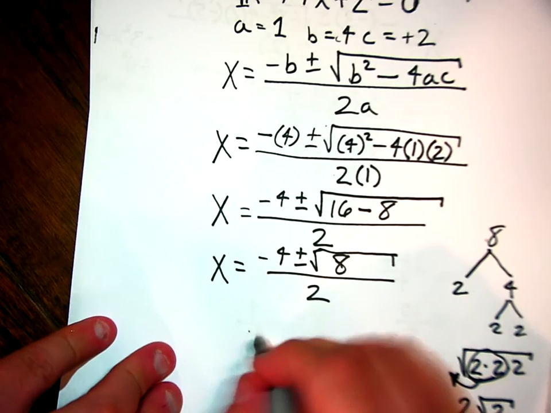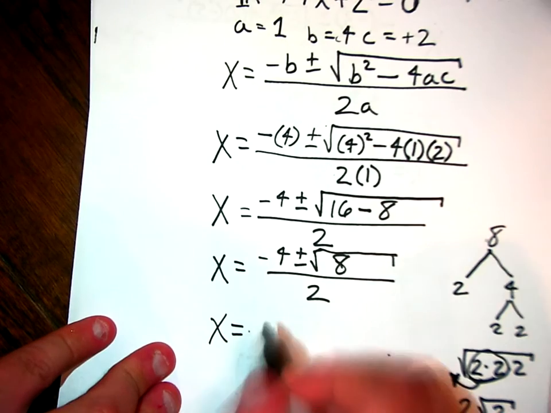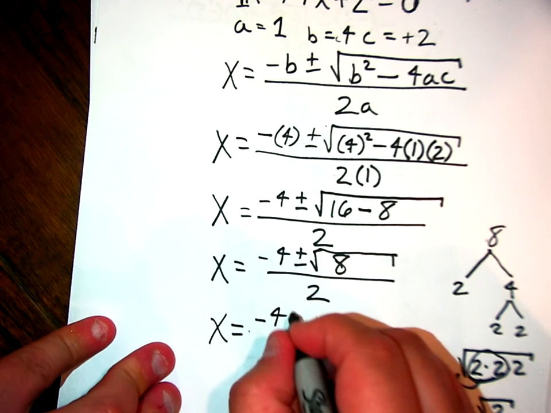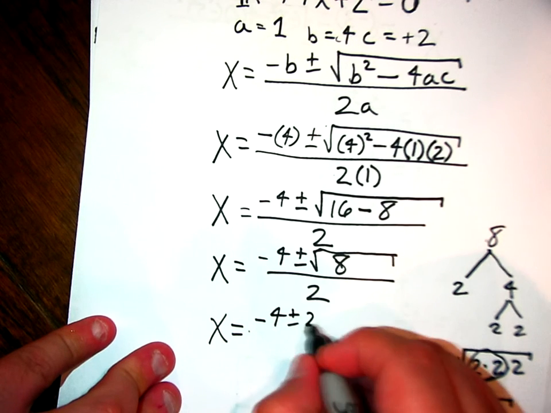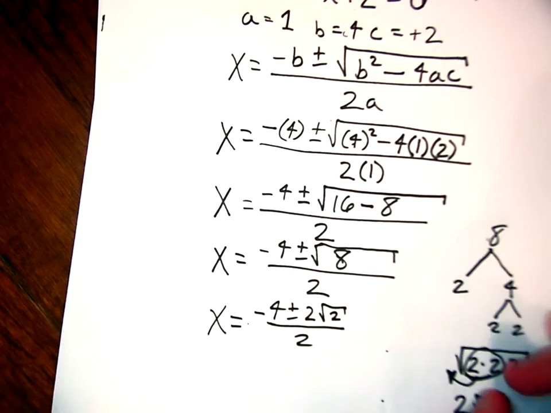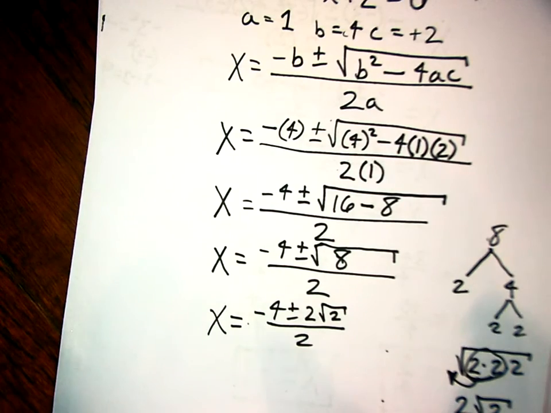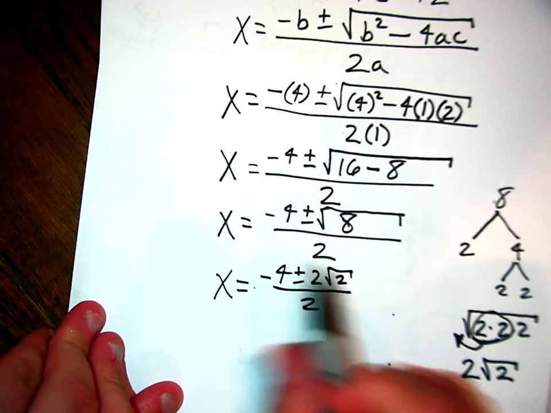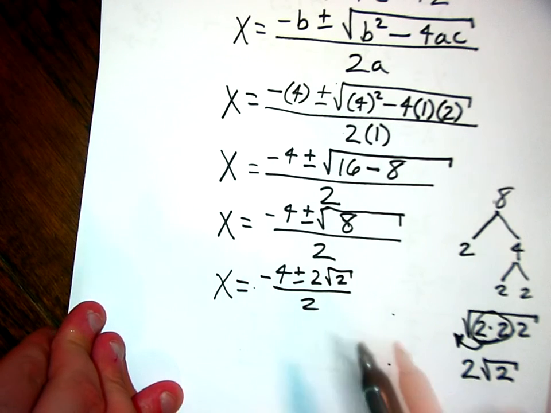Going back to the quadratic simplification, we're going to get x is negative 4 plus or minus 2 square roots of 2 divided by 2. Now, here it becomes a little tricky. We can do another simplification here, but really a lot of people will accept this, and if you put this in the calculator, you're going to get a decimal.